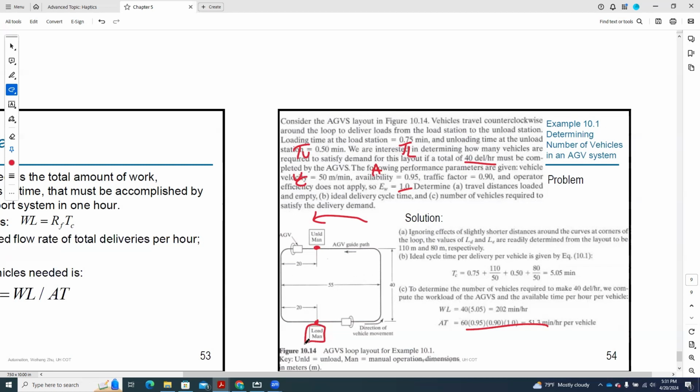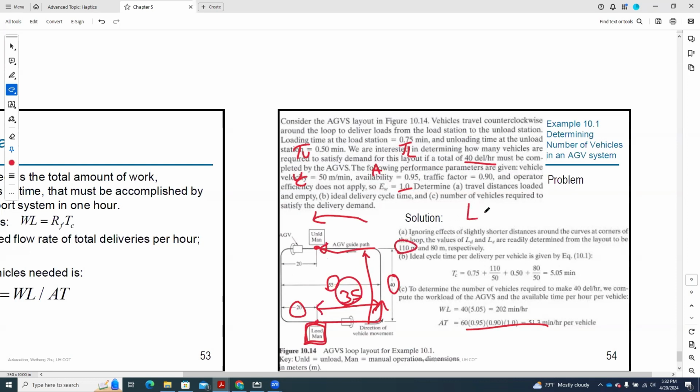So from the loading station to the unload station, we travel in this direction, the counterclockwise direction. From these dimensions, let's find out how much we travel. This is 55 and this is 20. So the distance from here to here is 35, and this is 40. From here, 35 plus 40, and from there to there is again 35. So the total is 35 plus 35 plus 40, which is 110.